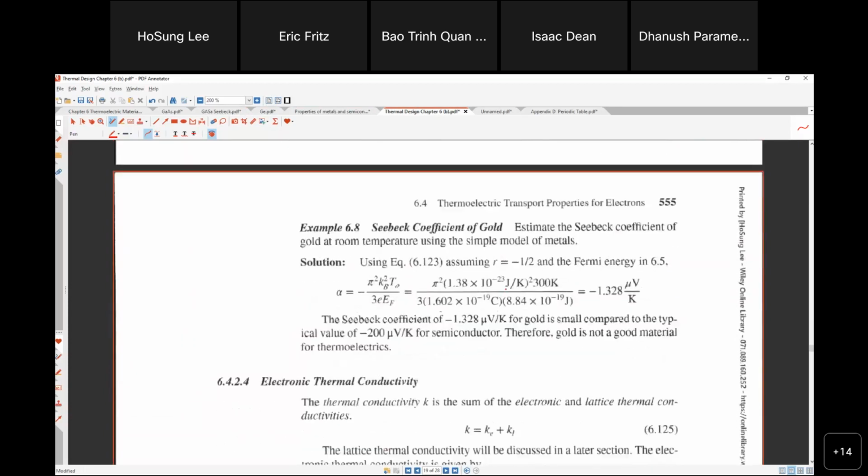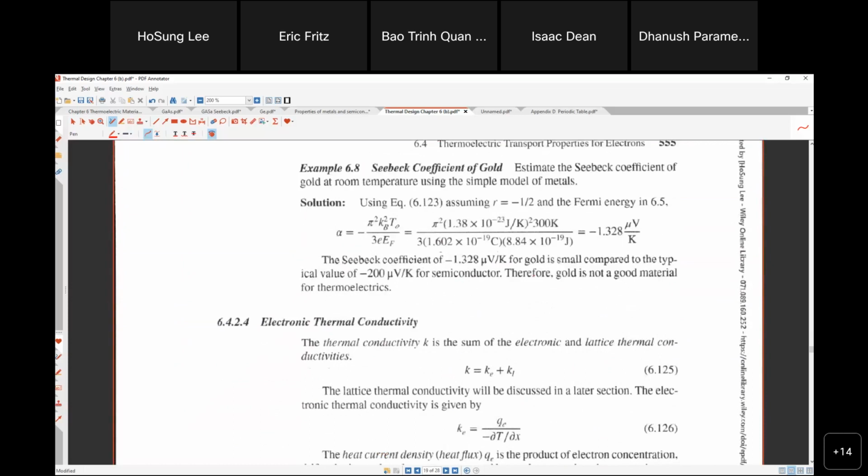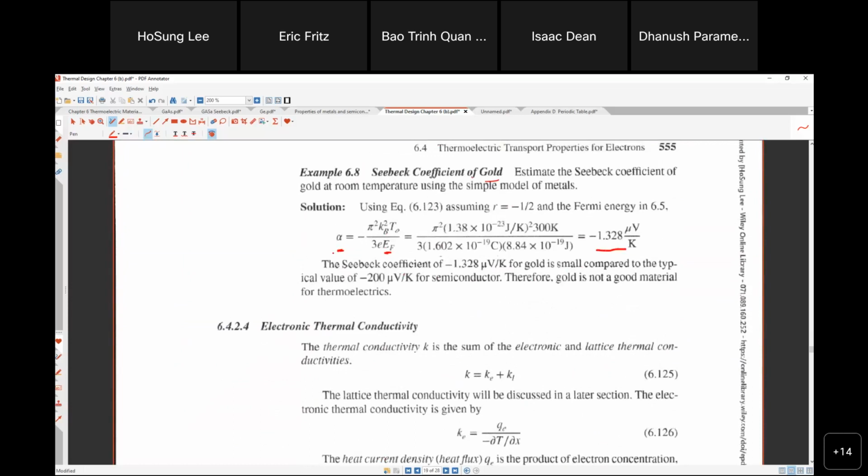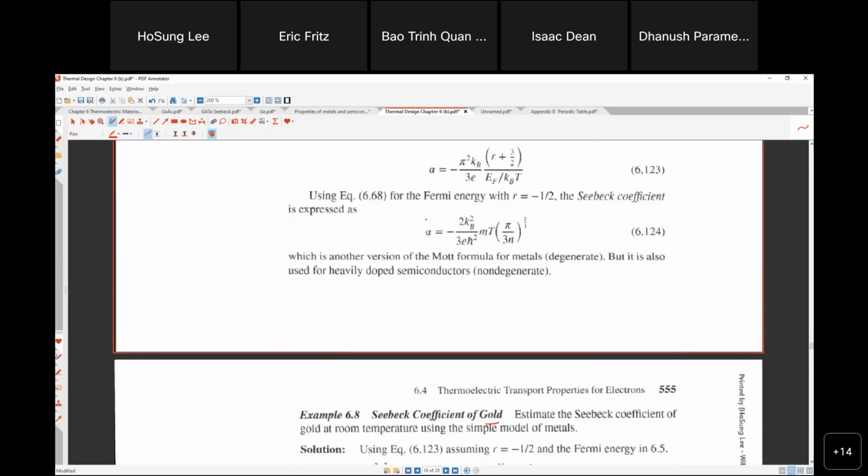Anyhow, we can compute for gold as long as we have the Fermi energy, using this.